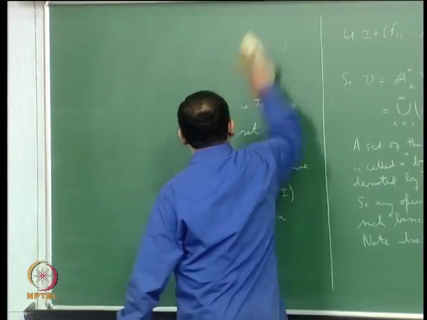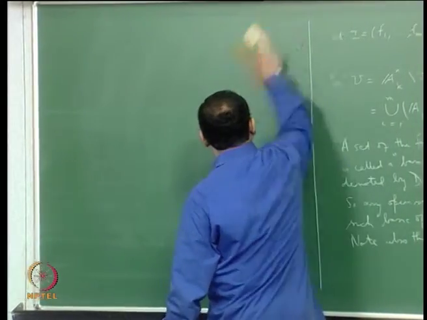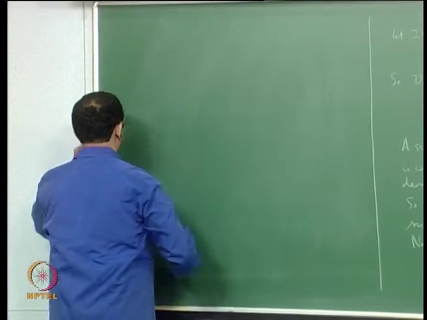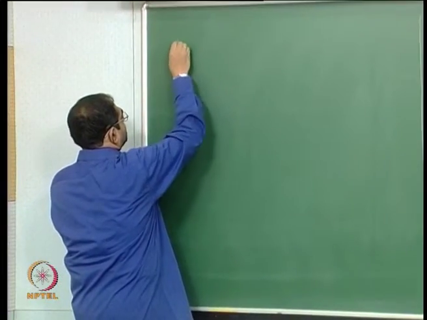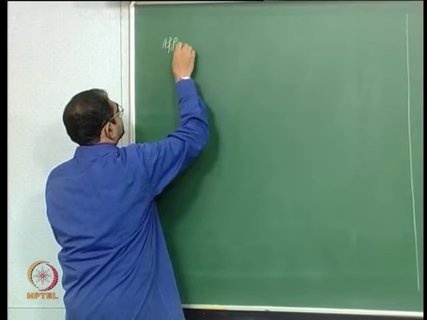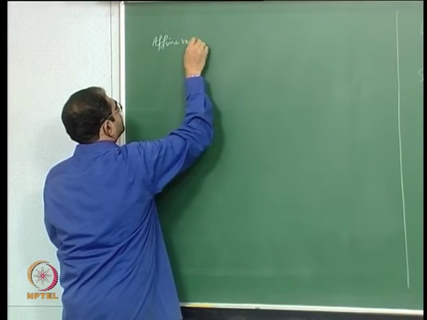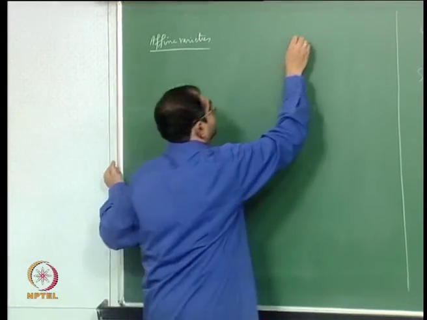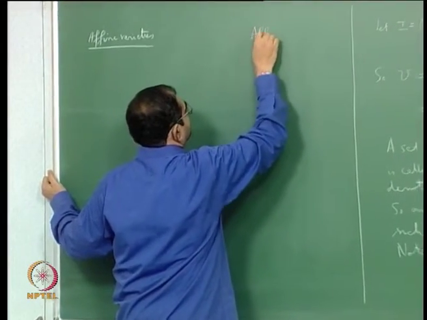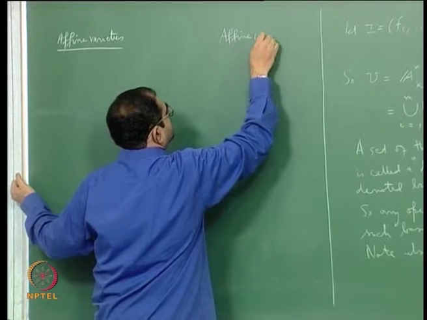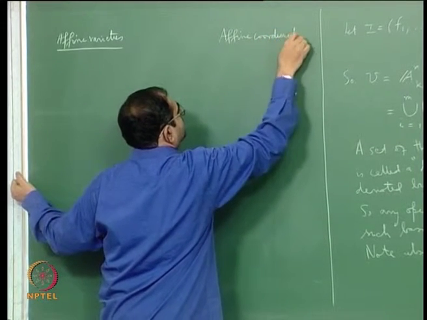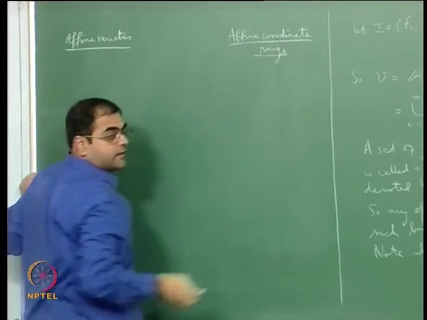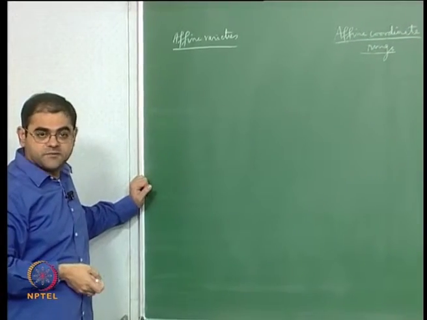We did the following thing: on one side we put affine varieties, and on the other side we put affine coordinate rings, which are just rings of functions of affine varieties.